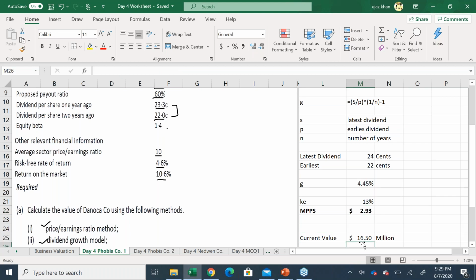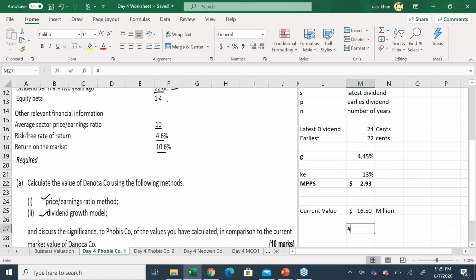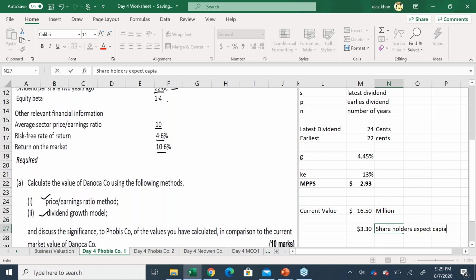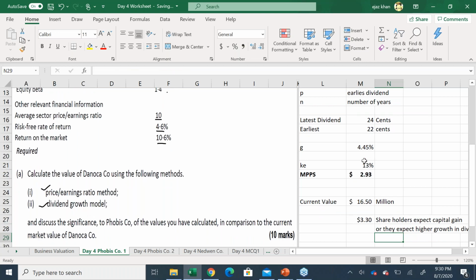And that is probably because the current market price is $3.3, which means, now listen to this, either the shareholders expect capital gain, which is ignored in the dividend growth model, or they expect higher growth in dividend than the growth used in the question, 4.45%.